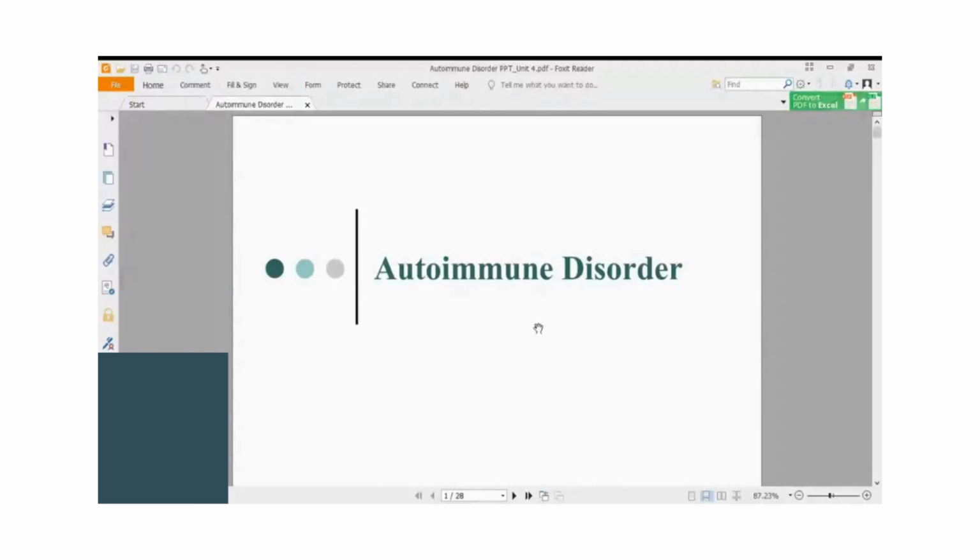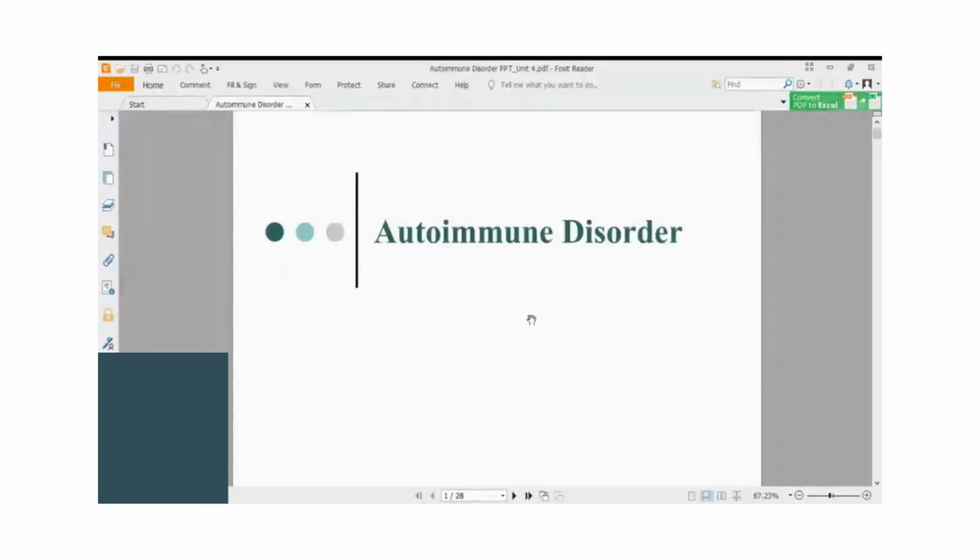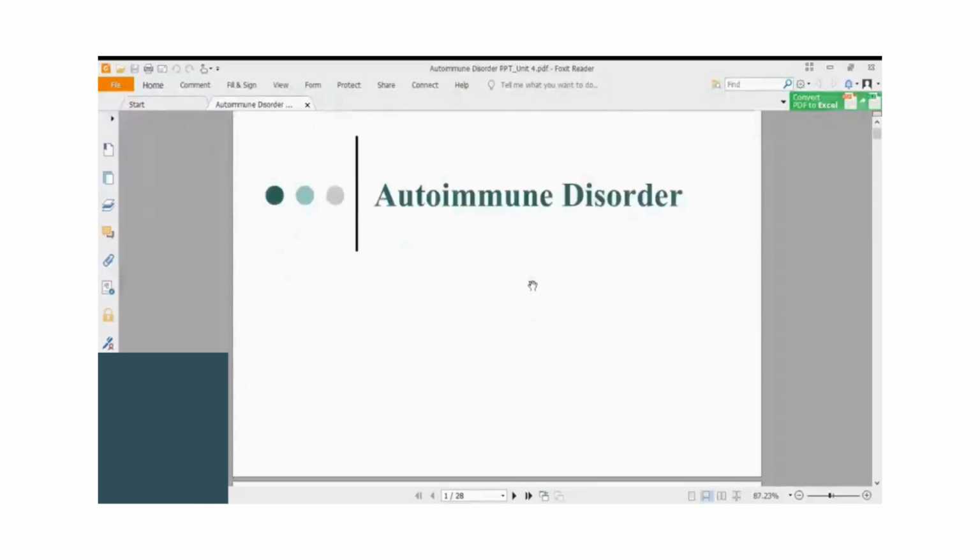There are self antigens against which, as I had explained to you in the B cell maturation process and T cell maturation process, both these cells that are responsible for the immune response have been conditioned or made to learn as they are maturing to identify and develop tolerance to the self antigens.